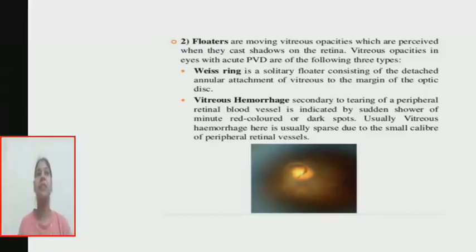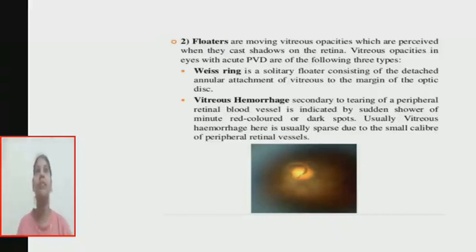Number one, Weiss ring, which is an isolated floater consisting of the detached annular attachment of vitreous to the margins of the optic disc.